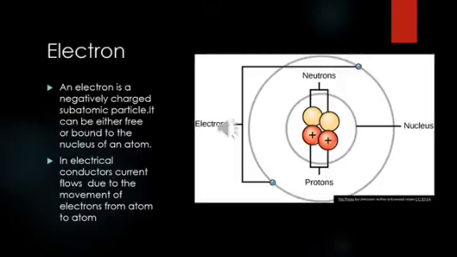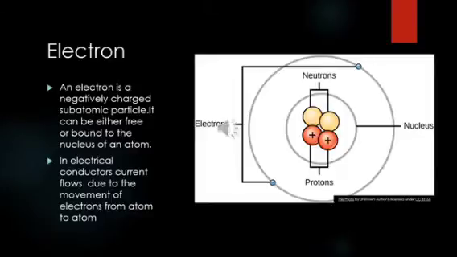They are negatively charged, and they can either be free or they can be bound to the nucleus of an atom. So in electrical conductors, current flows due to the movement of electrons from atom to atom. Have you all understood?